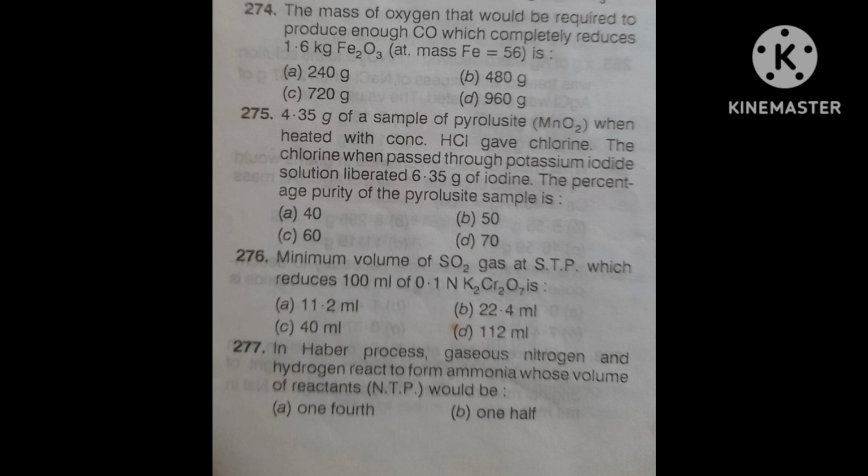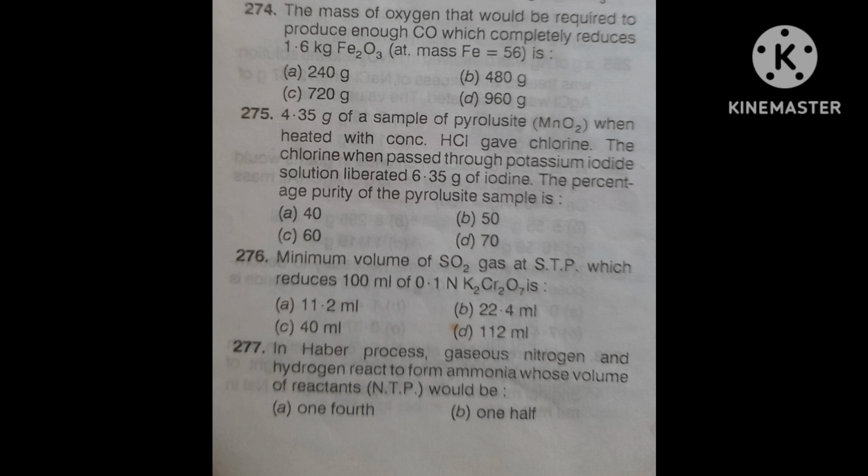Then MnO2, what is the molecular mass? Mn has atomic mass 55 and oxygen in MnO2 is 32, so the total will become 87 gram. Iodine molecular mass is how much? 127 into 2, 254 gram.